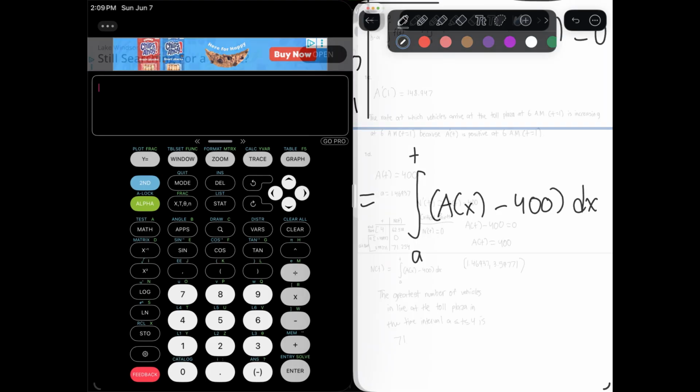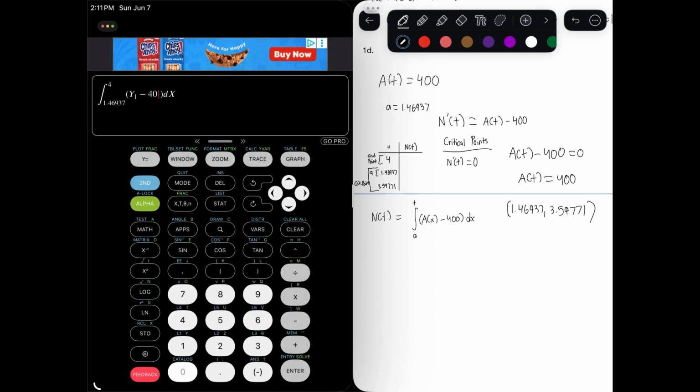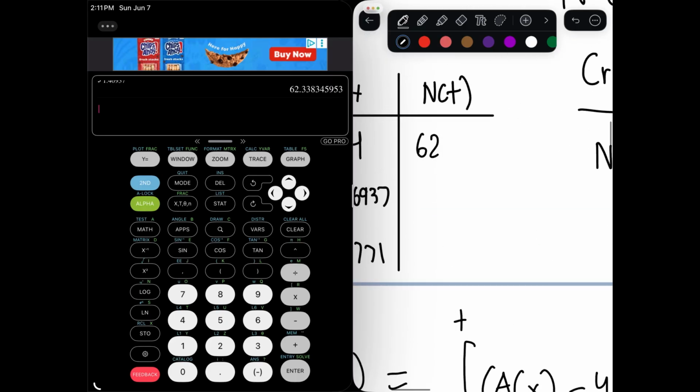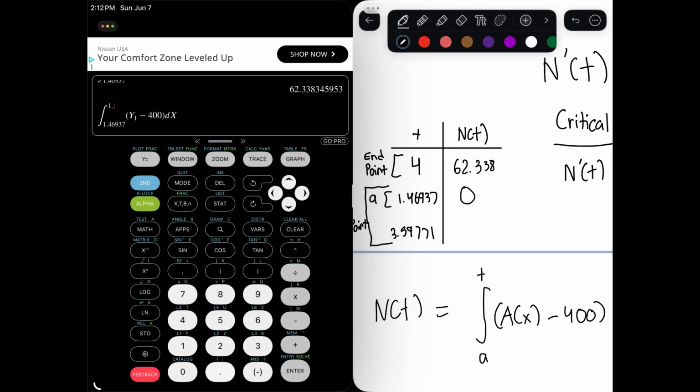How I would plug this into the calculator is alpha trace Y1 minus 400, and if you plug this in, you should get your first value, which is 62.338. And you have to plug in the other points. If you plug in 1.46937 for t, you're just going to get 0, because the bounds are the same.